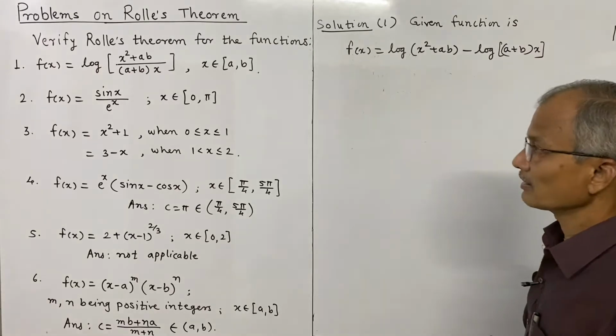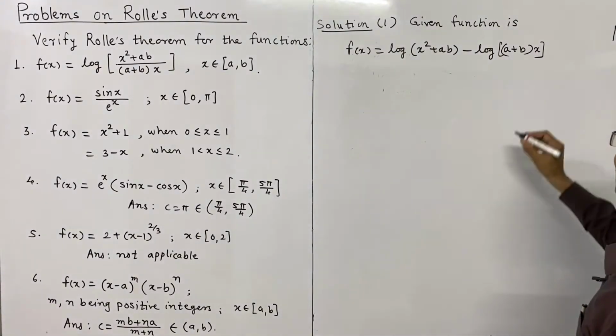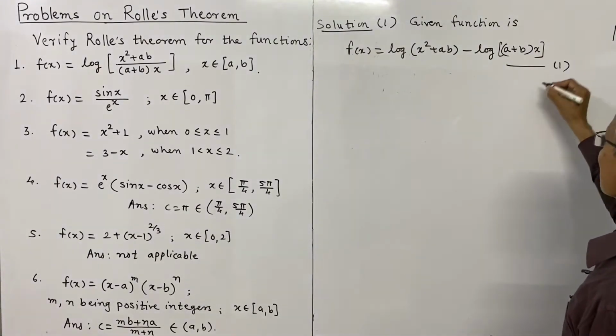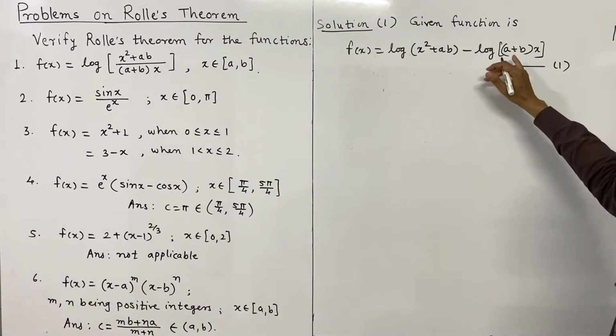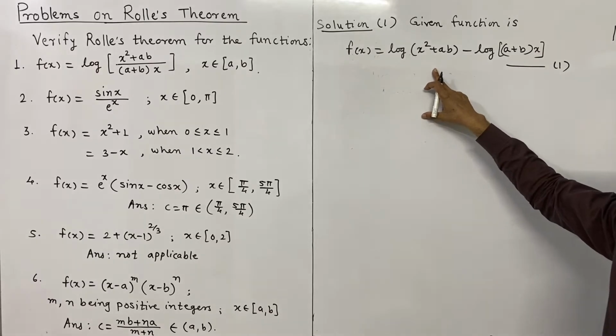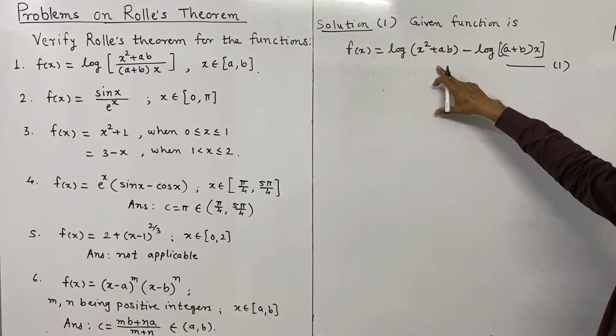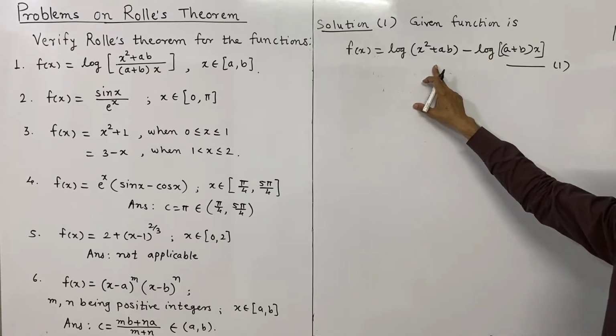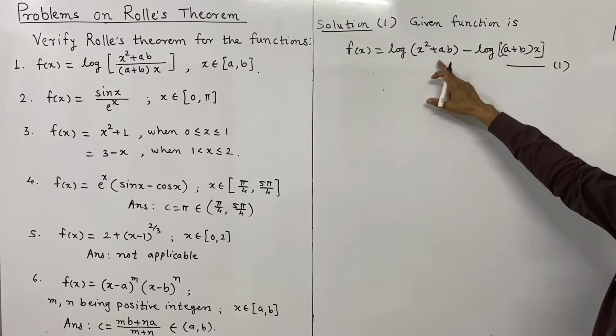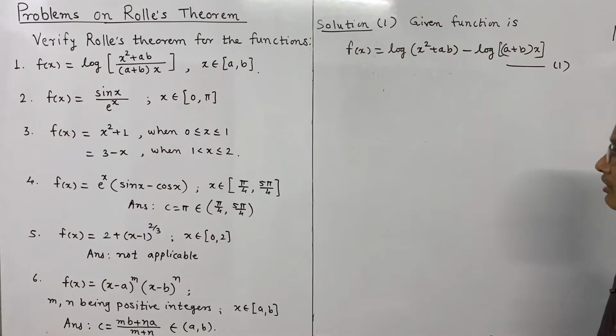This is the given function, or we may number this as first equation. Both are continuous functions, and by algebra of continuity of functions, difference of two continuous functions is also continuous.